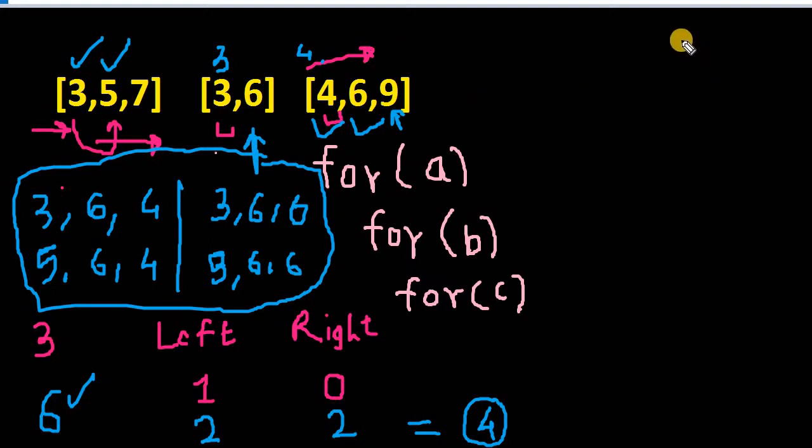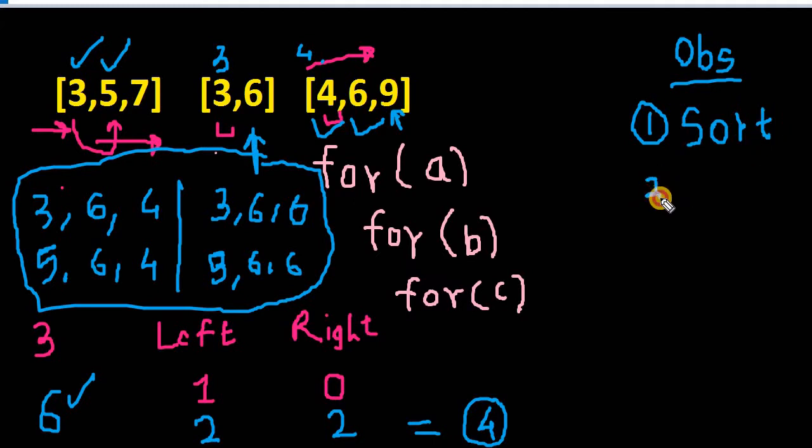So let's create an observation deck. In this observation deck, first we need to sort the elements. We saw why we are sorting it, because it saves a lot of computation. So first is sorting. After that we need to get the distinct pairs or distinct triplets, hence we need the distinct elements. So second would be getting the distinct elements.